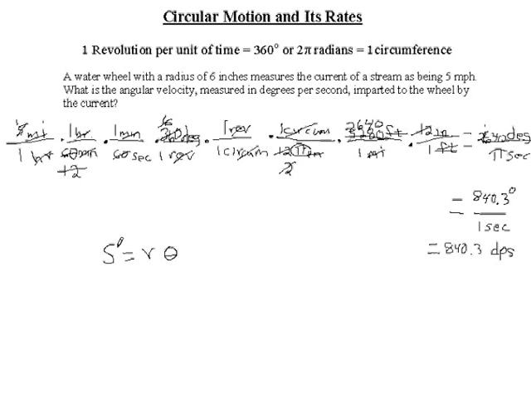Well, notice that S is a linear measurement, as is R, and theta here is an angle, and therefore it's a rotational thing. So not only do we use this in terms of the general expression of the definition of a radian that equates the radius to the length of an arc, it also can be looked at as saying, suppose I divide both sides here by time.